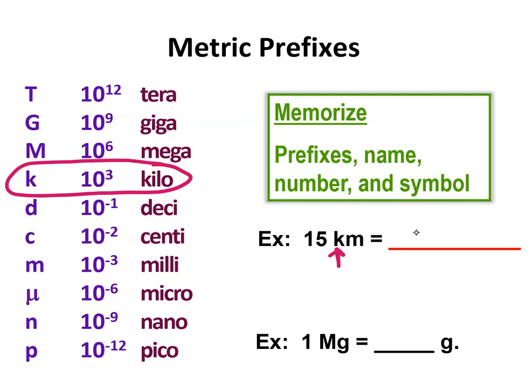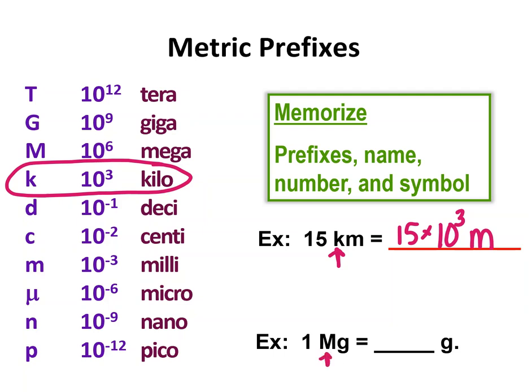So I could rewrite this as 15 times 10 to the third meters. I've converted that to meters just by plugging in what that prefix means.